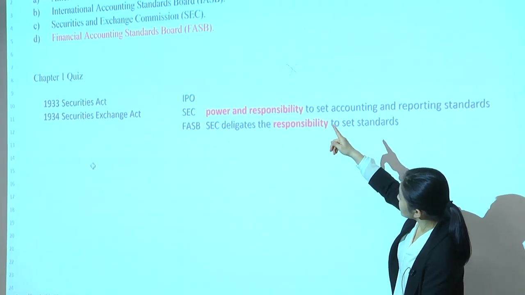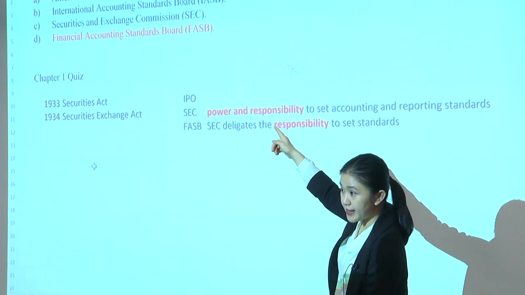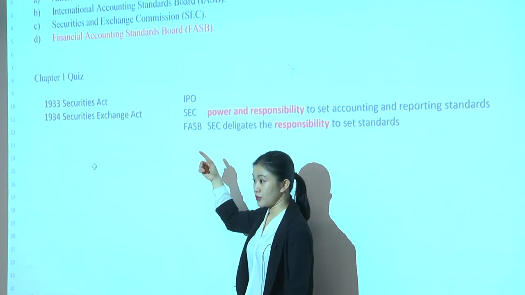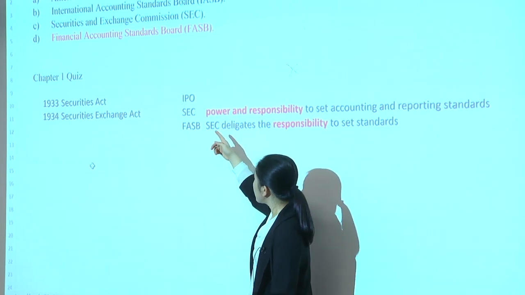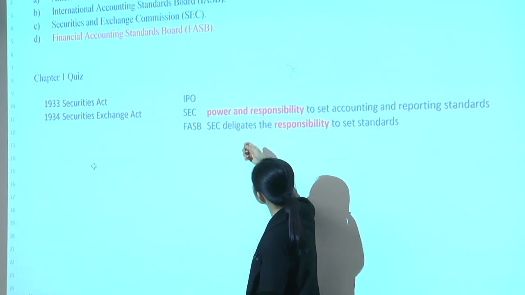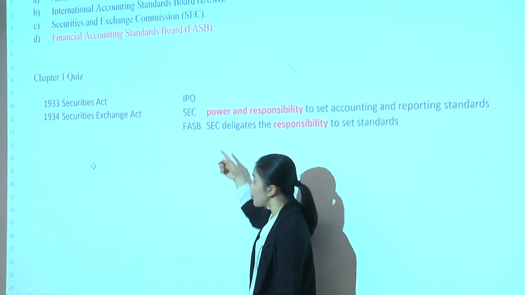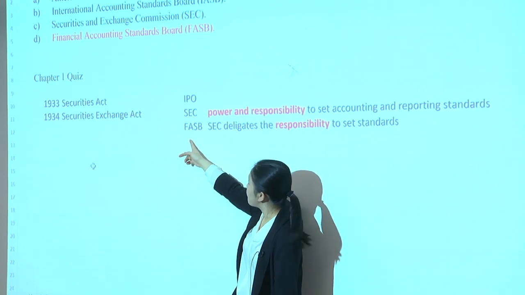Now, look at the question. The question asks about responsibility only. This is a little tricky because the SEC has so much power, but it will not issue the rules itself. Instead, it delegates these responsibilities to FASB.